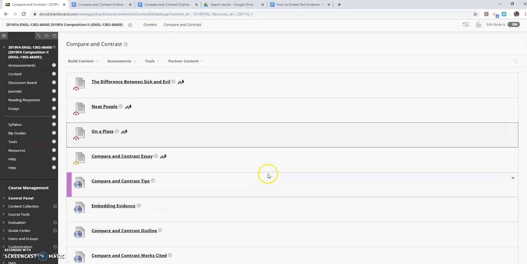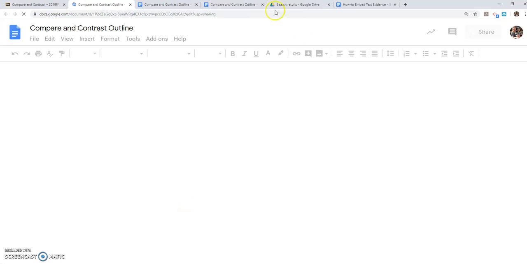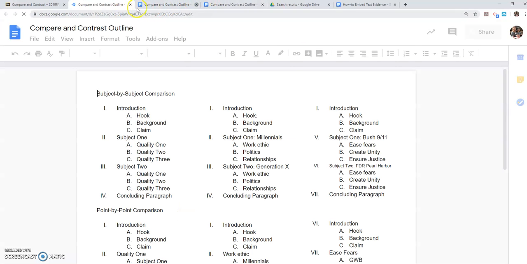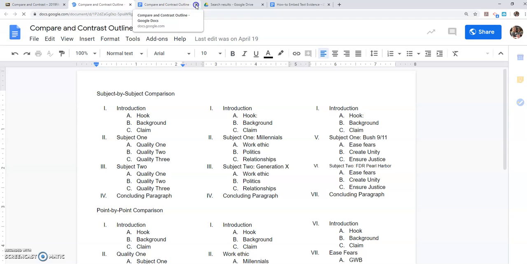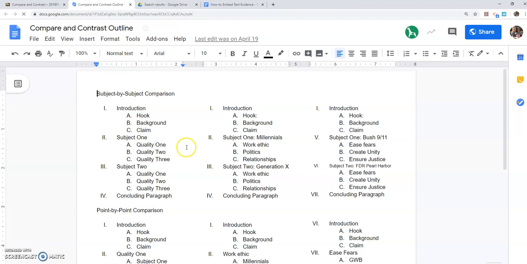So the first thing I want to point out is the outline here. This is like several little outlines which will help with the essay. But there are 2 ways to organize the compare and contrast paper. The first one is a subject by subject comparison.